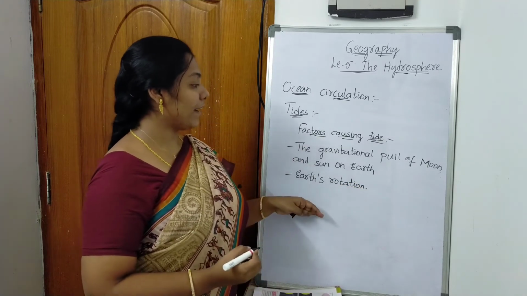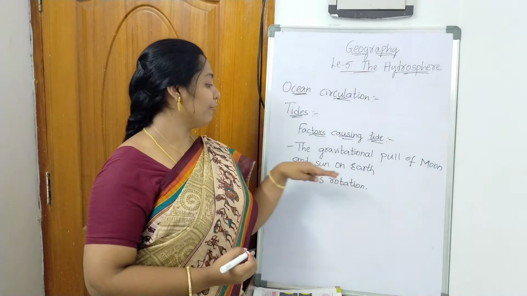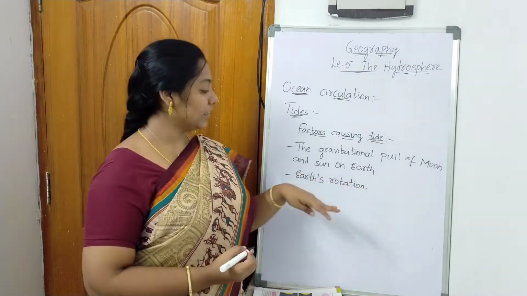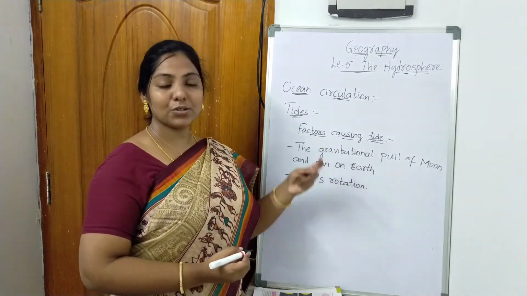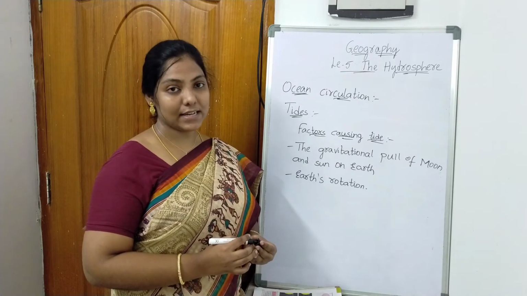So these are the two factors, the gravitational pull of moon and sun on the earth and earth's rotation. These are the two factors that are causing tides.